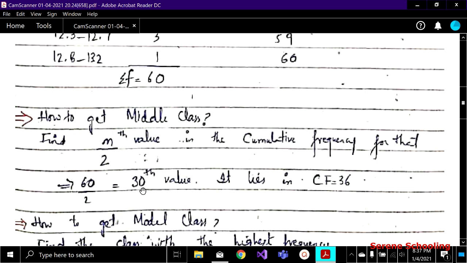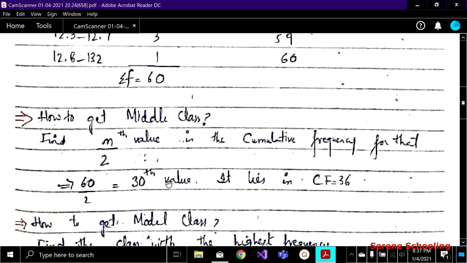In order to get the median class, we find the n by 2nd value in the cumulative frequency. That's why making the cumulative frequency is very important for the median. We don't need cumulative frequency when finding the mode, but for the median it is very important, so we have to make the cumulative frequency column also.